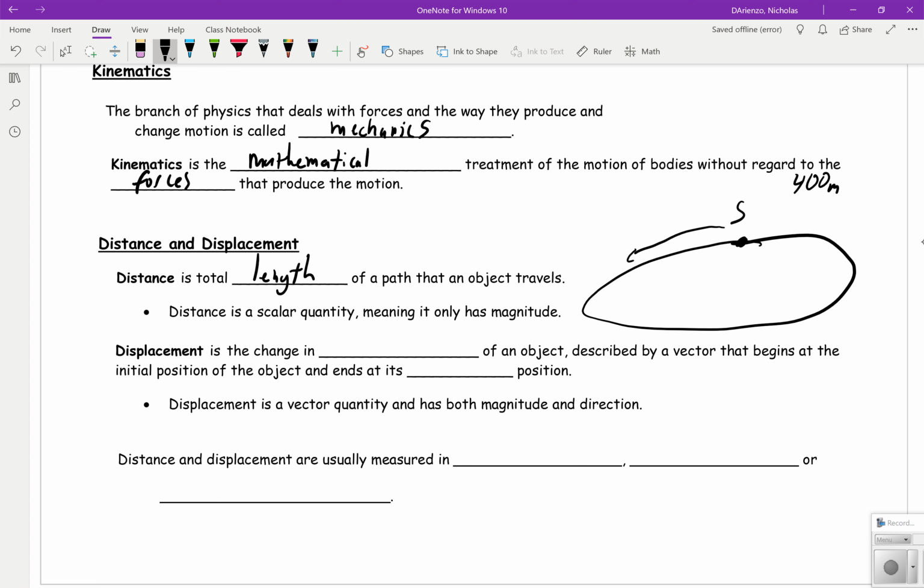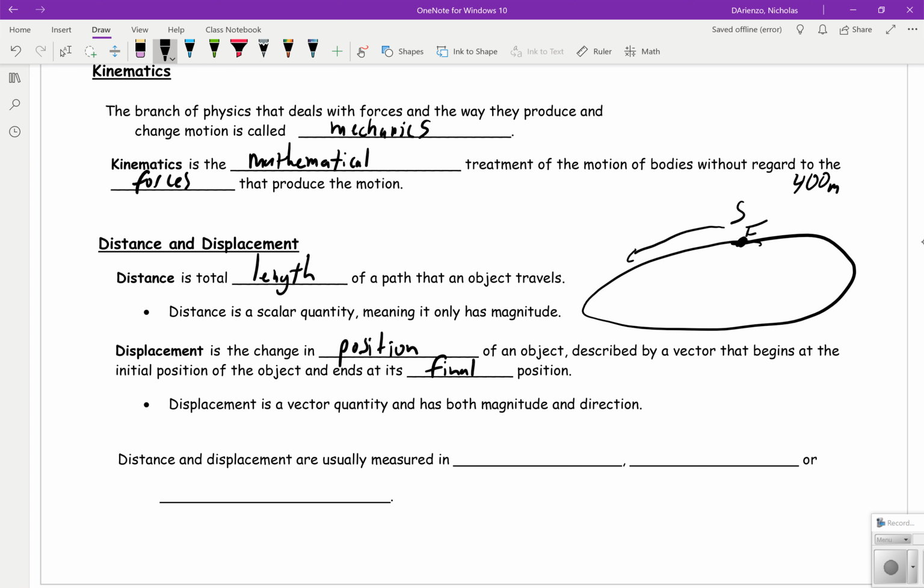But displacement is the change in position. It's the change in position of an object described by a vector that begins at the initial position of the object and ends at its final position. So if we consider my displacement, which is a vector quantity and has magnitude and direction, if I start here and I go once around the track and I finish at that dot, what's my displacement?